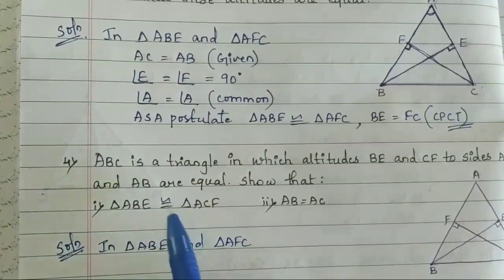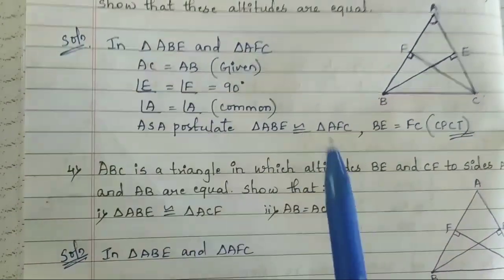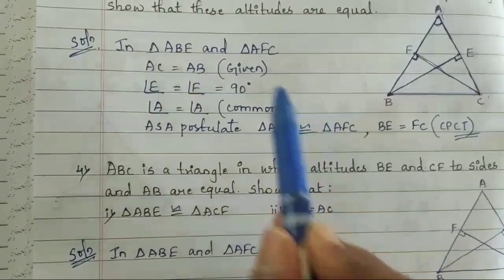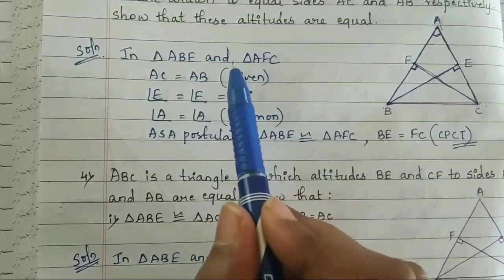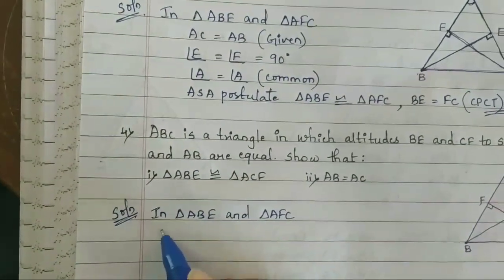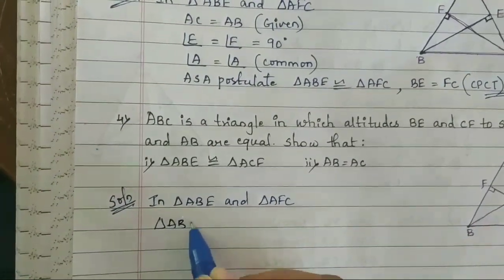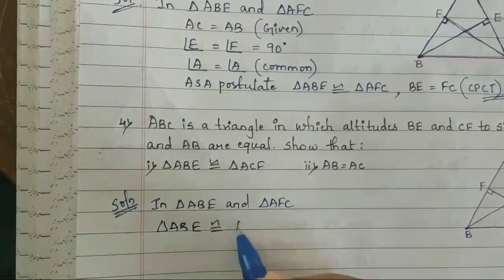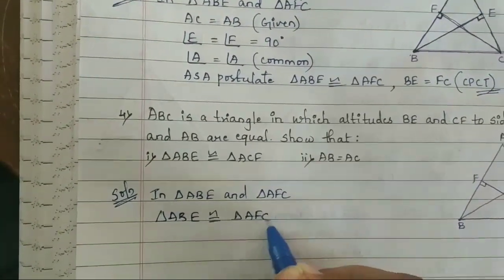I am not going to solve this once more. I hope you have understood. We take both these triangles and we can prove that triangle ABE is congruent to triangle AFC.